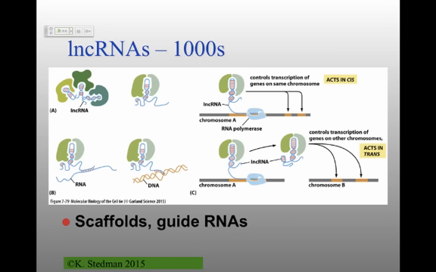Long non-coding RNA, okay, when they're being made, what are they doing? Most of the time we have no clue. But in a couple of cases we do know what's going on. And most of those have to do with either binding to multiple different proteins, so serving as a scaffold. And we talked about scaffolds before.